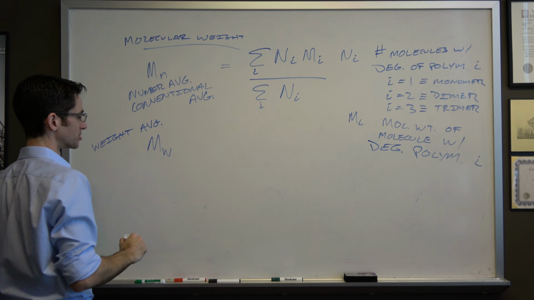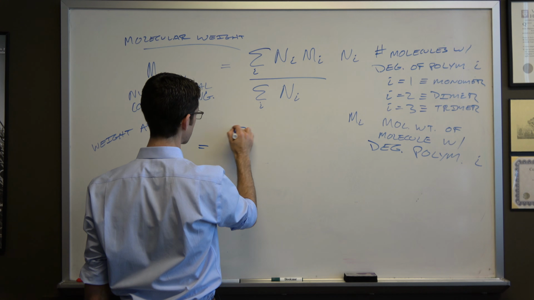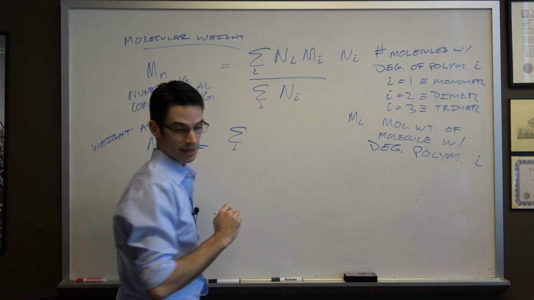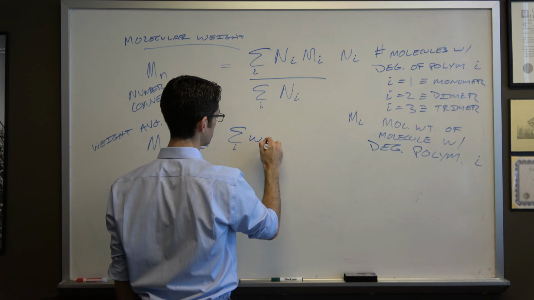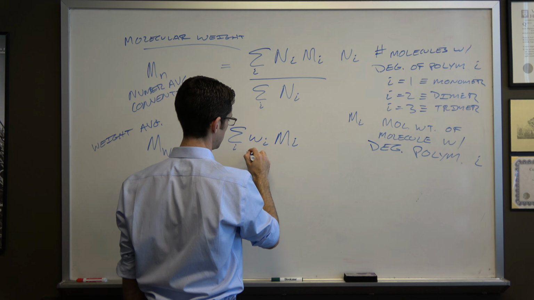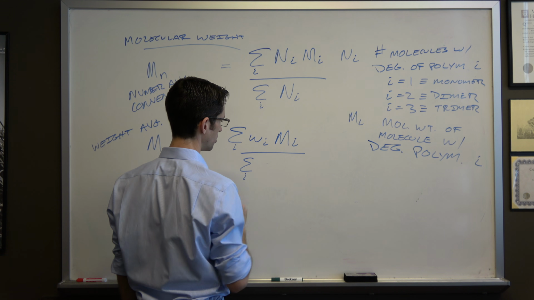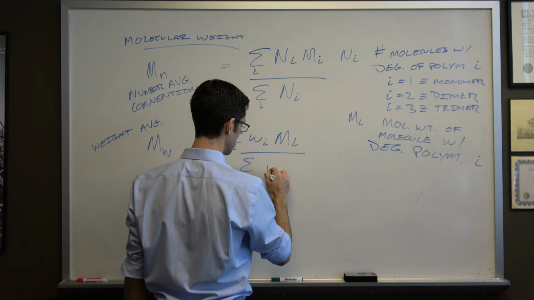the weight average molecular weight, which is defined as the sum over i of W sub i, M sub i, over the sum over all i's of W sub i.